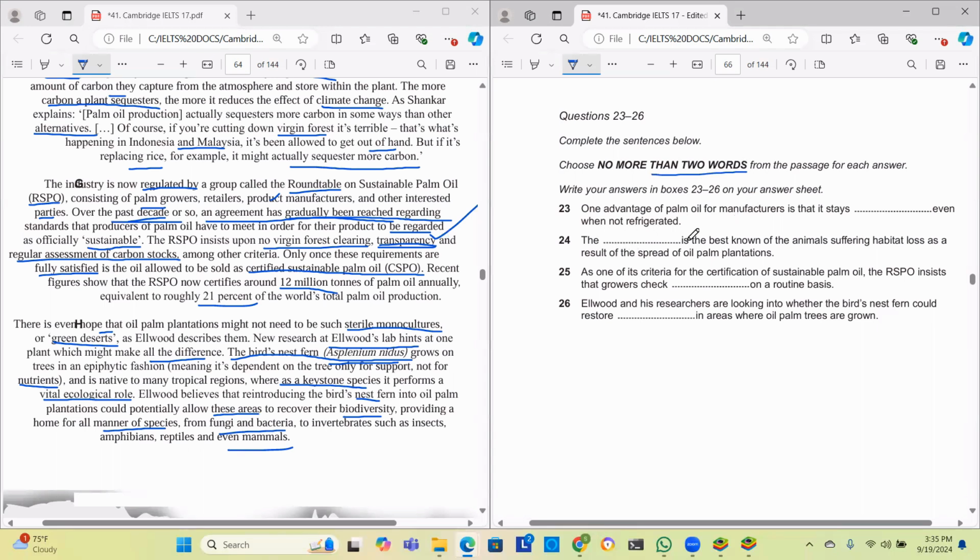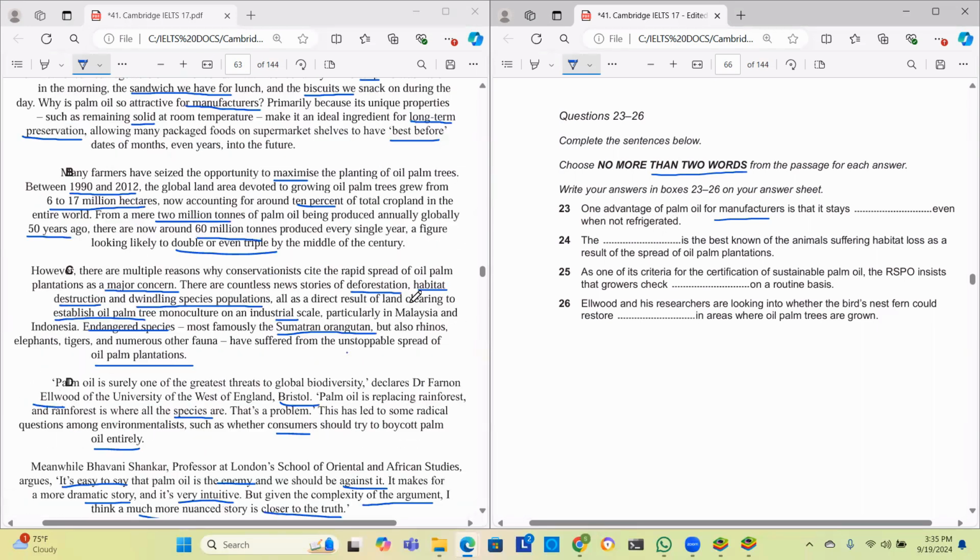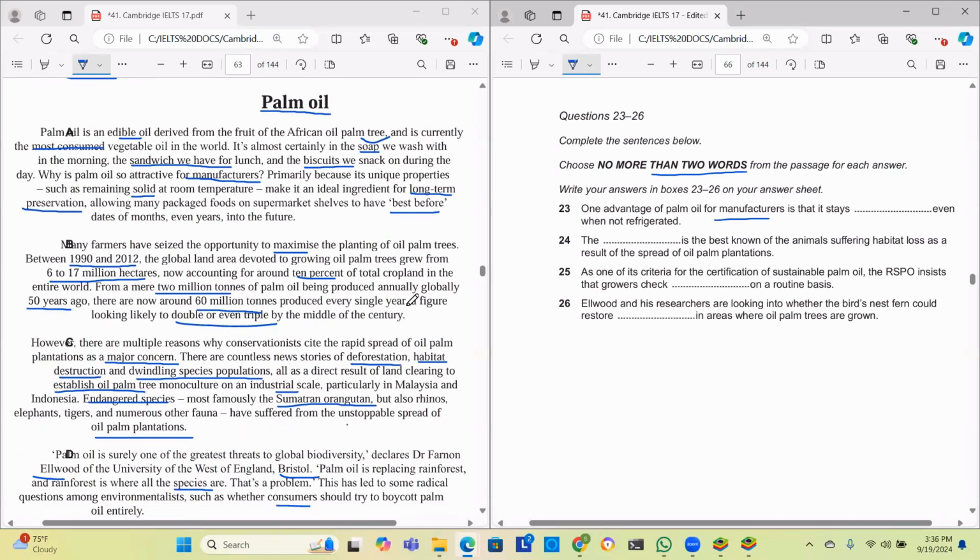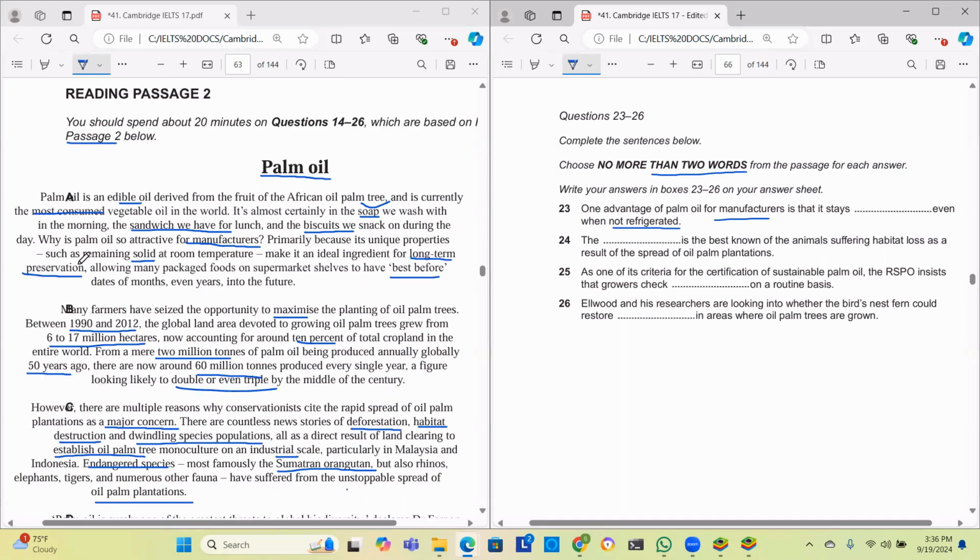One advantage of palm oil for manufacturers is that it stays dash even when not refrigerated. I think we read about this in the beginning, right? I think in the first paragraph. I have read this word somewhere. See, this one: why is palm oil so attractive for manufacturers?